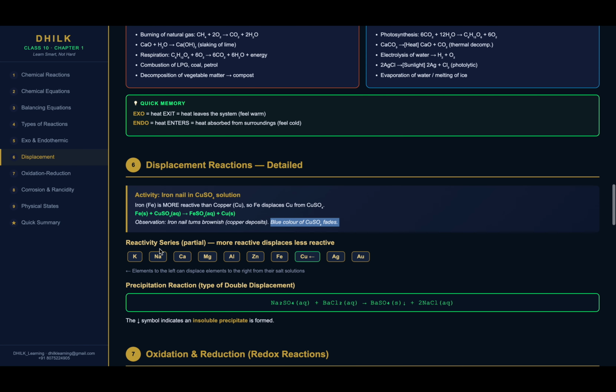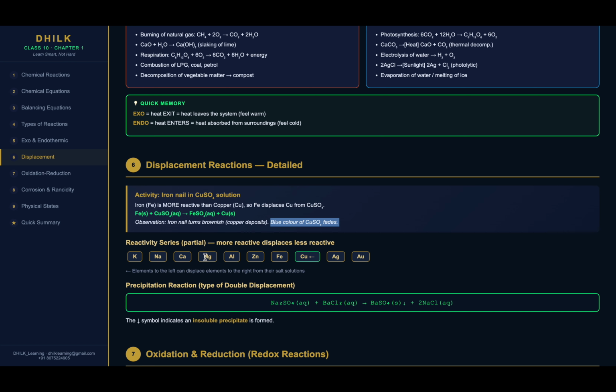This is the reactivity series. In this series, the more reactive metals displace the less reactive metals. More reactive metals are on this side and it goes toward the less reactive side. So elements to the left can displace the element to the right from their salt solution. For example, take magnesium and aluminium. If aluminium is in its salt solution and magnesium is there, then magnesium can displace the aluminium from that solution.